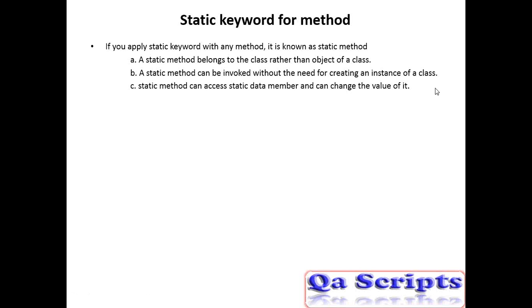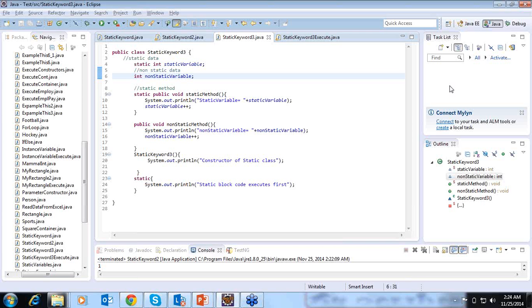Let's see one beautiful example here. Here I have created one class called StaticKeyword3. First I will create a static variable, static int, and I will name it static variable only, so that it's easy to identify. Then I will create one non-static variable, in the sense an instance variable that doesn't have the static keyword.